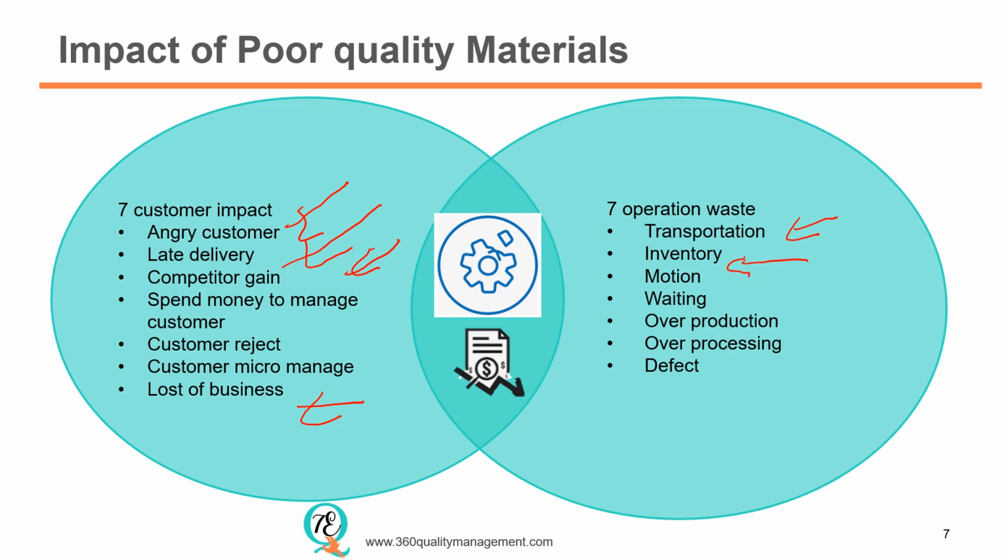You have inventories of materials which cannot be used, eating up your space. There is the motion of working with those materials, waiting for materials to come for another replacement of a new batch, overproduction where you will produce more in order to compensate for those potentially poor quality materials, and then overprocessing, where you will need to screen and rework those materials, and finally there are also defects in it.